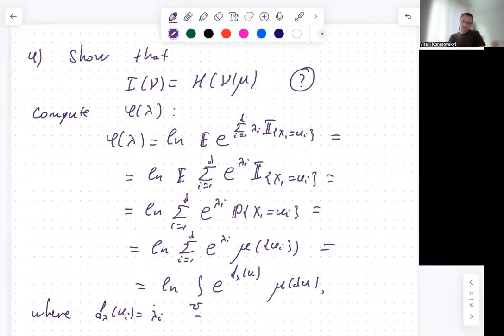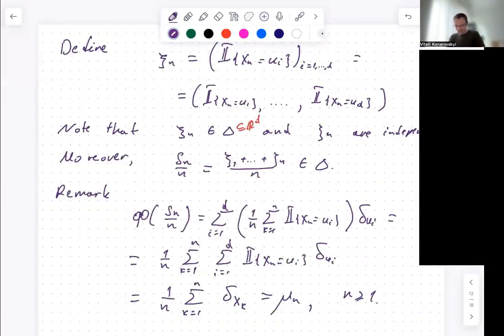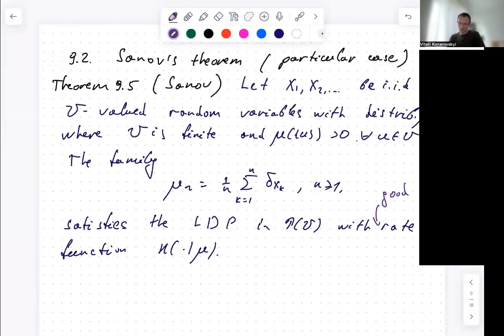And you see that our final result, at least the formulation of the result, does not depend so much on whether this U is finite or infinite. If you can introduce the relative entropy in a reasonable way on that space U, which is an arbitrary space, then there is a big hope that the Sanov theorem is also true. And it is exactly the case.